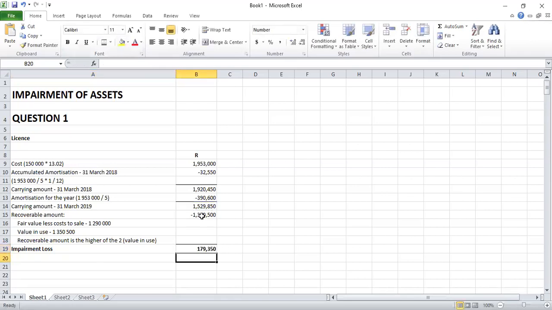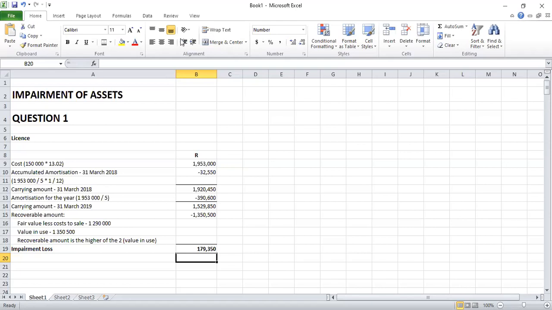Our impairment loss, sorry. So this is how we calculate our impairment loss. Any questions there? No. No questions.